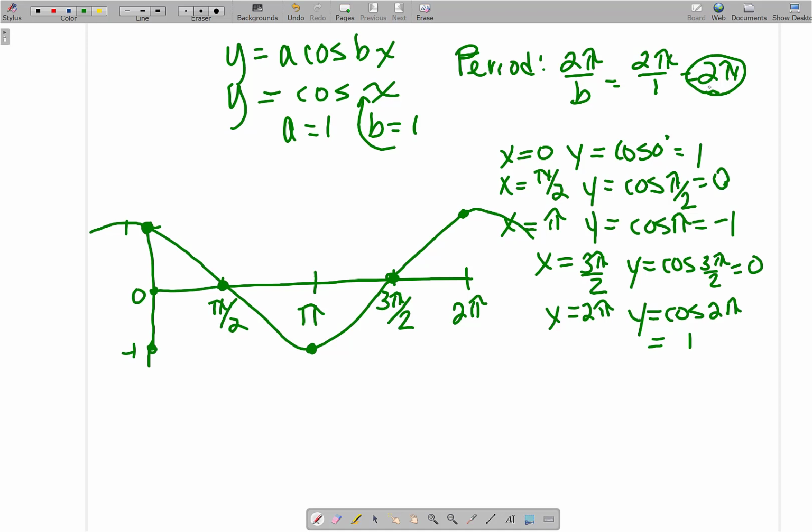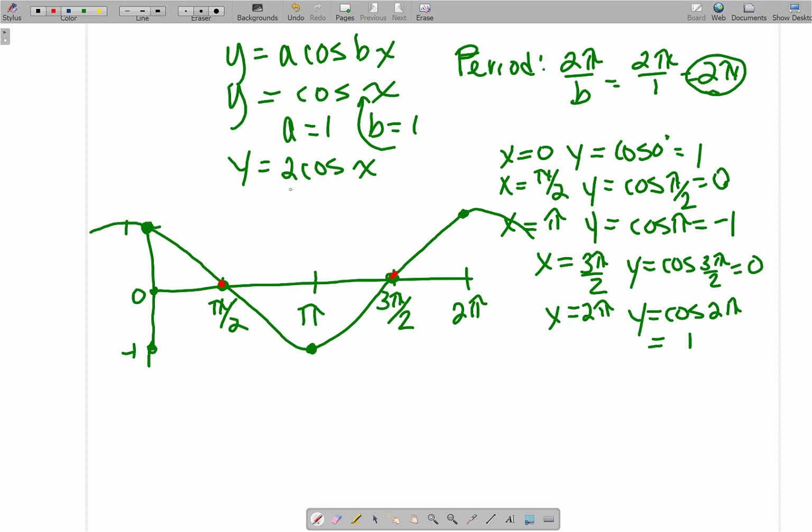Now, it's the same thing with your a's. If we add an a where y equals 2 cosine of x, it's the same thing as this graph, except we don't even have to do the math. The same places where the graph is at 0 will be true for this graph, here and here.